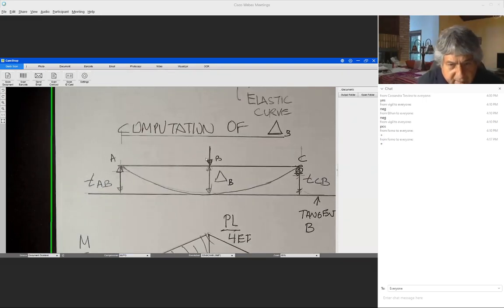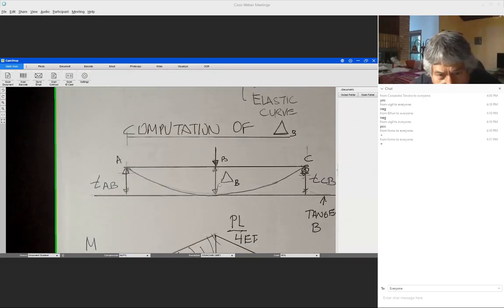The deflection at B is also equal to this distance, and also equal to that distance.